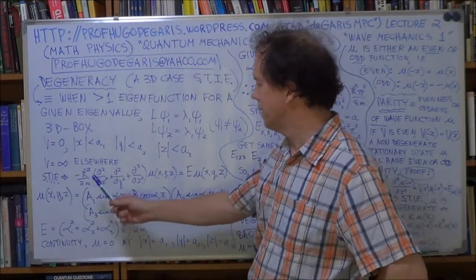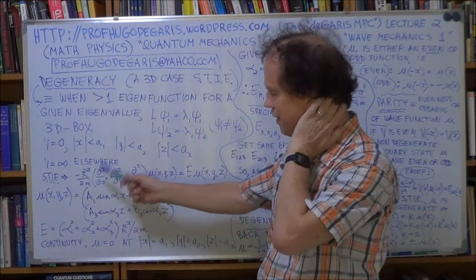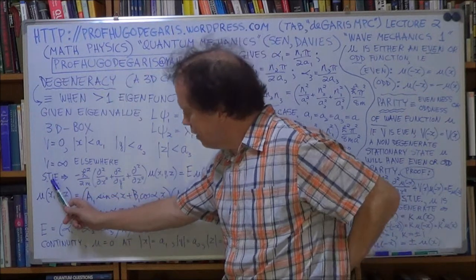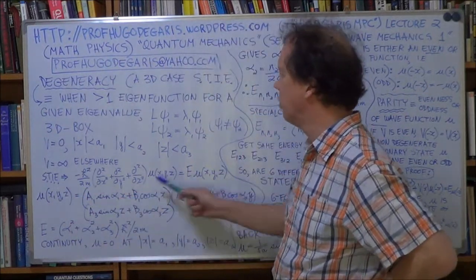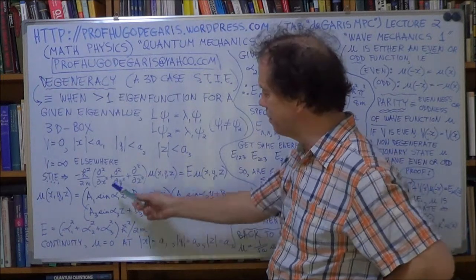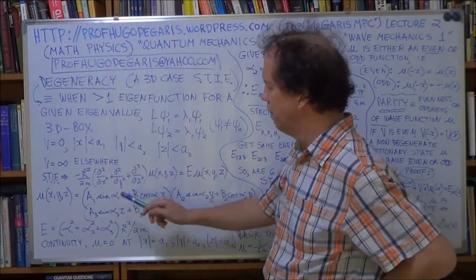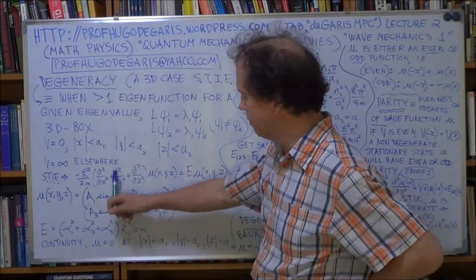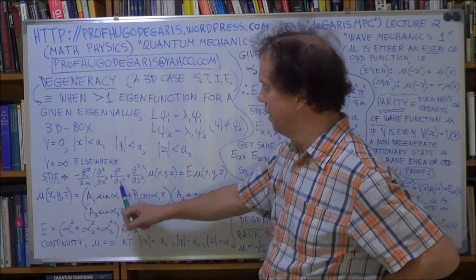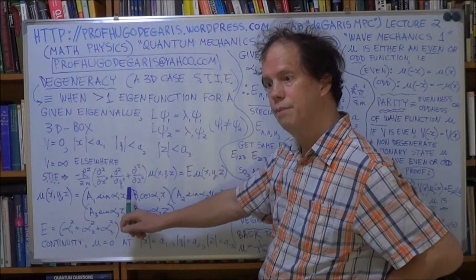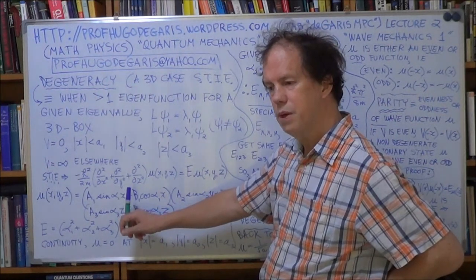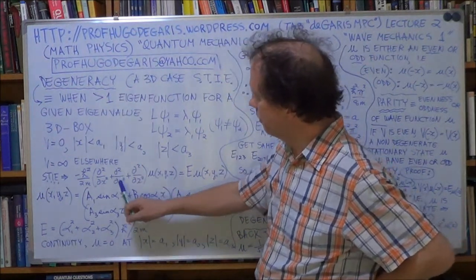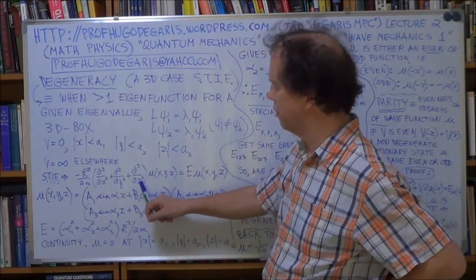So inside the box, in that region, your STIE, your Schrödinger time-independent equation, will have this form now, in three dimensions. So the complexity goes up a little bit, but it's pretty similar to what you're used to from the one-dimensional STIE, except now you've got second order partial differentials in y, and second order partial differentials in z.